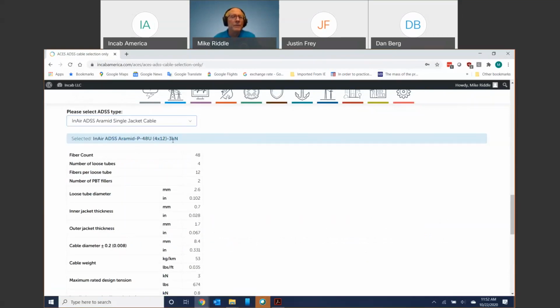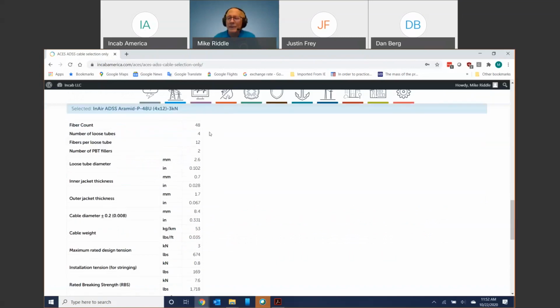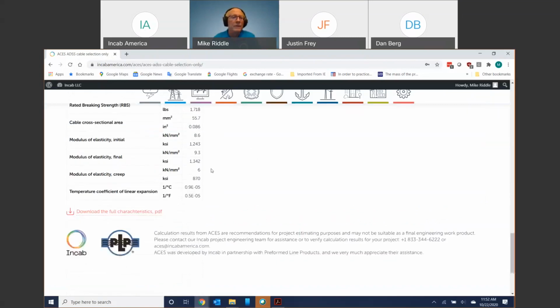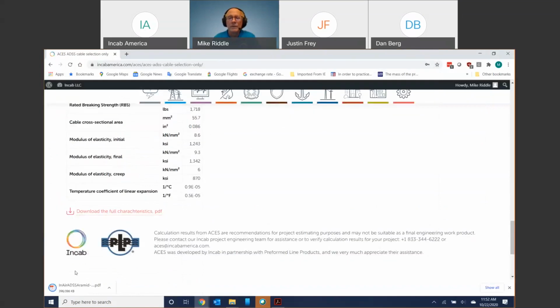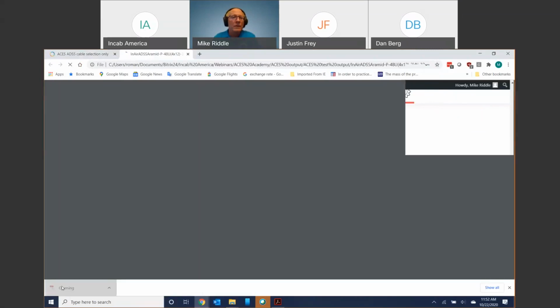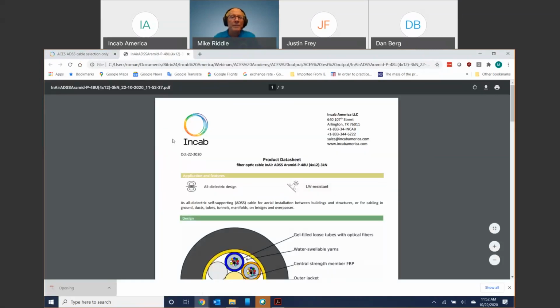The cable spec for you. Again, basic information about the cable. You can download those characteristics and pull up the spec.